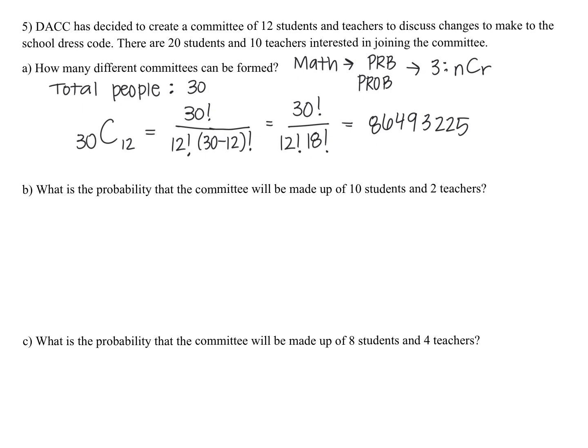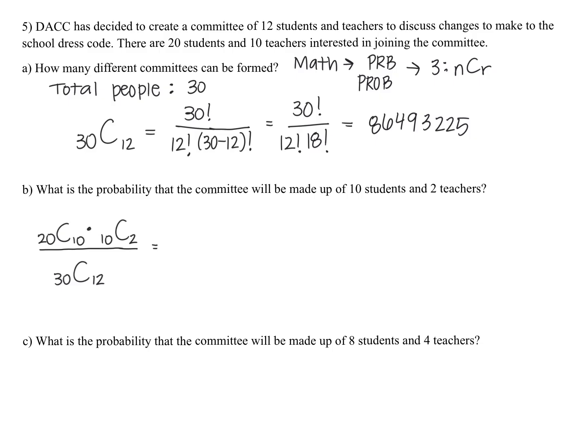The next question is now the probabilities. So we want to know the probability that the committee will be made up of 10 students and 2 teachers. So my numerator is specific to this problem. So 10 students, and there are 20 students total. So we have to do 20 choose 10 times, and then the 2 teachers out of the 10 total, so 10 choose 2. And then my denominator is the 30 choose 12, because those are all of the possible combinations of people.